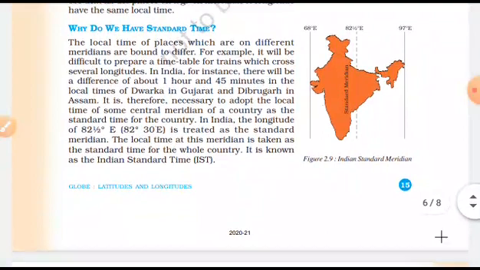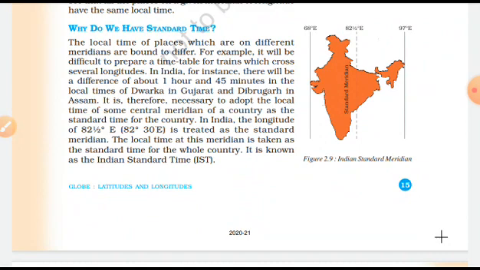Now the question comes, why do we have a standard time? Look guys, if it is 7 o'clock in our Navsari or in our Surat, it is not the same time in Paschim Bengal.